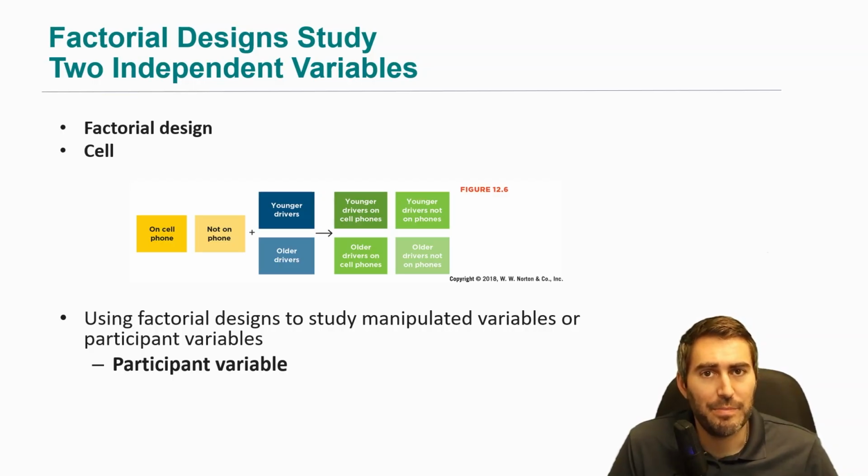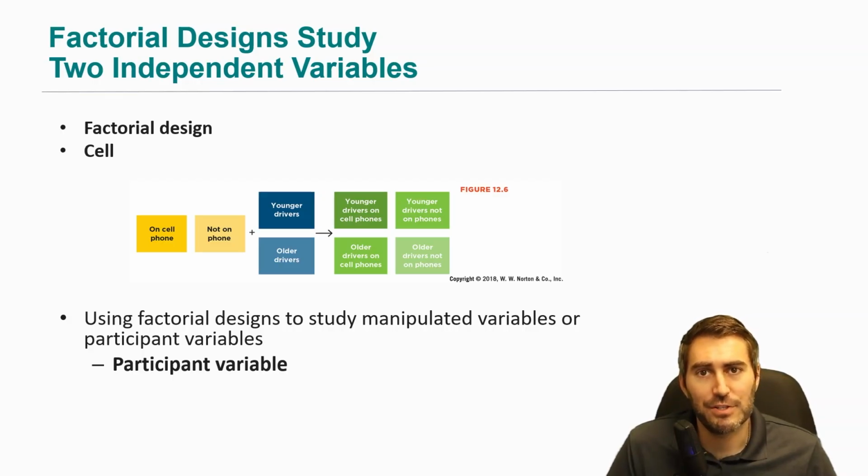There are two independent variables, cell phone use and driver age. If you look at the figure here, you can see how factorial designs cross two independent variables. By crossing cell phone use and driver age, we end up with 4 cells, or unique conditions. That's 2 levels of independent variable 1 by 2 levels of independent variable 2, which equals 4 cells or conditions.